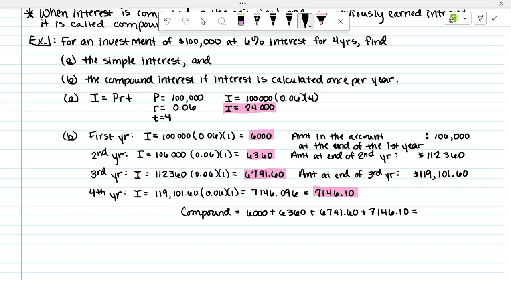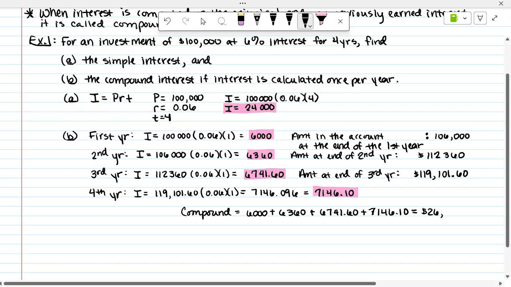Let me make sure I have all the other numbers right. 6,000, 6,360, 6,741.60, yeah. You made a little extra money there, Autumn. Yeah, I'm getting $26,247.70.